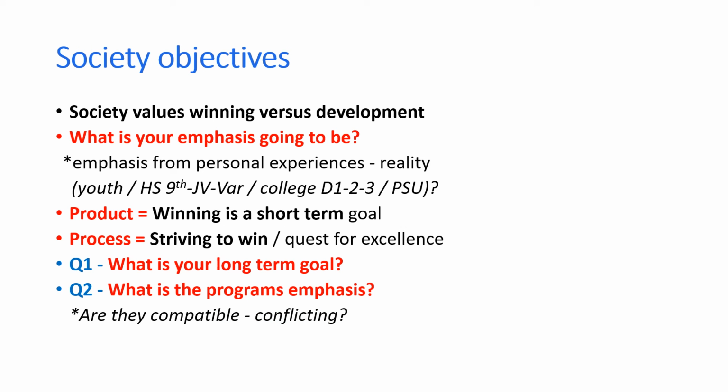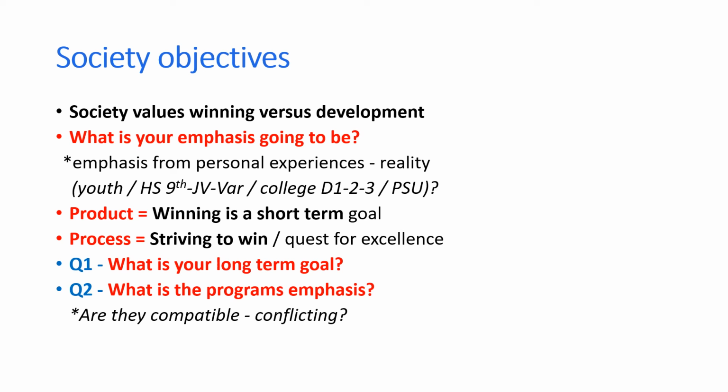Last thing to consider is there are some society objectives we got to look at, and again, it's where society or the community values winning versus development. Again, what's your emphasis going to be? The example would be, I've been fortunate to coach all the way down to youth levels, elementary to volunteering, working at the 9th grade level at the high school, and then as a college coach.